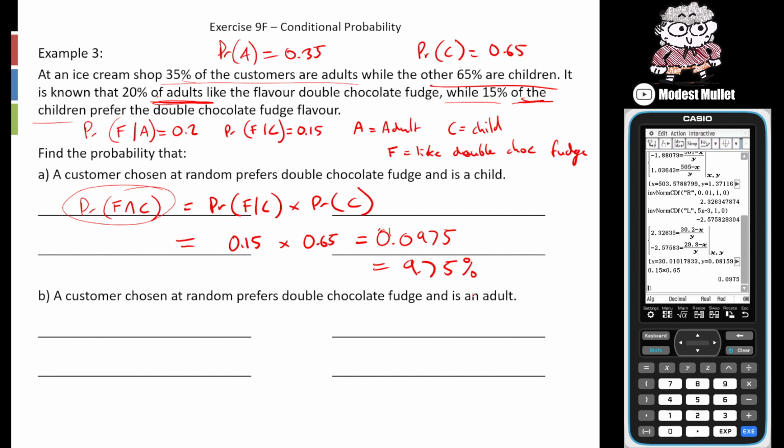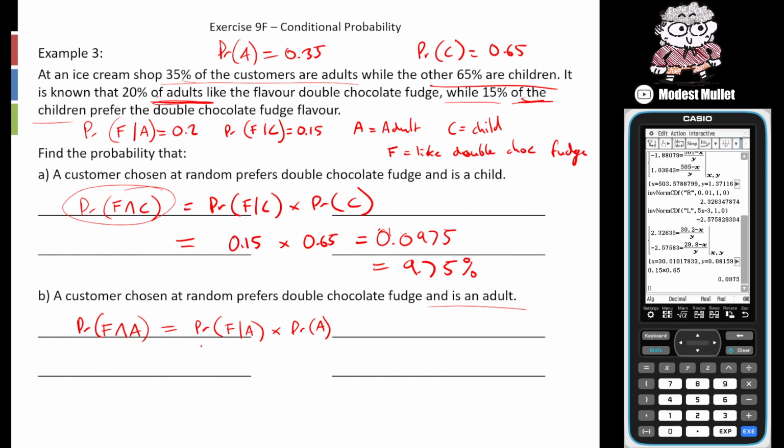So pretty low. Part B, a customer chosen at random prefers double chocolate fudge and is an adult. We're asked to find the probability that they like fudge and that they are an adult. So that is equal to the probability that they like fudge given they are an adult times by the probability that they are an adult, which sort of makes sense.